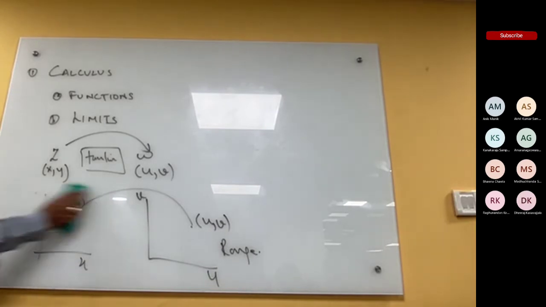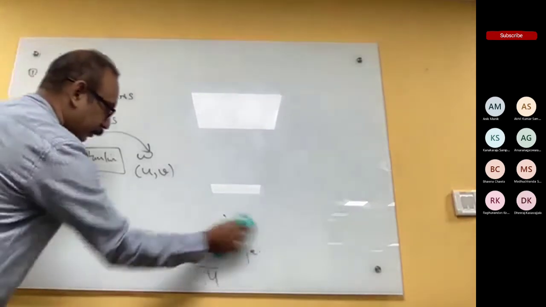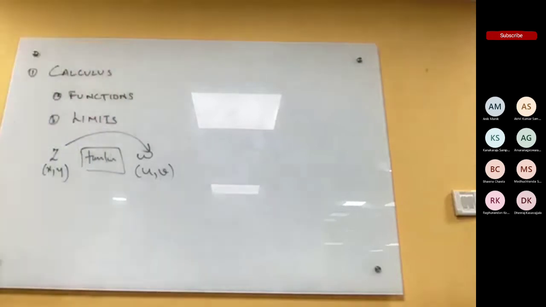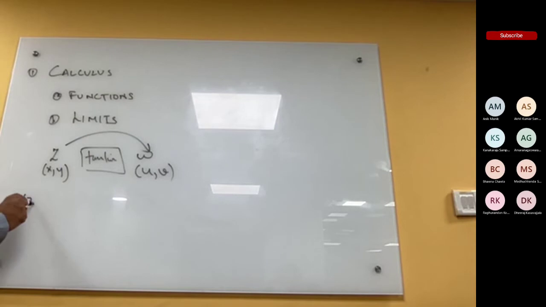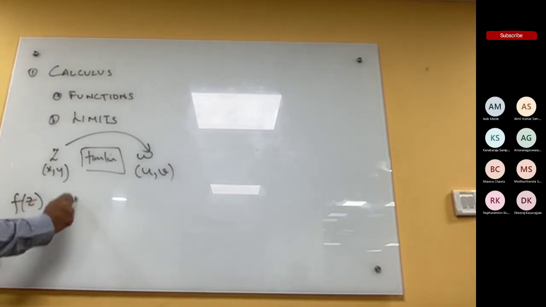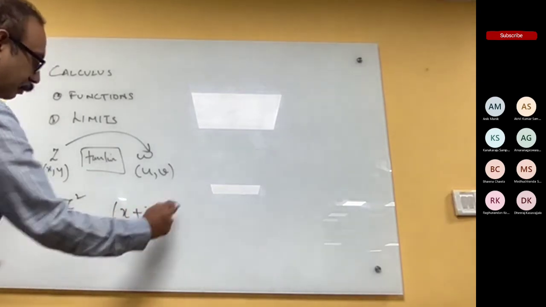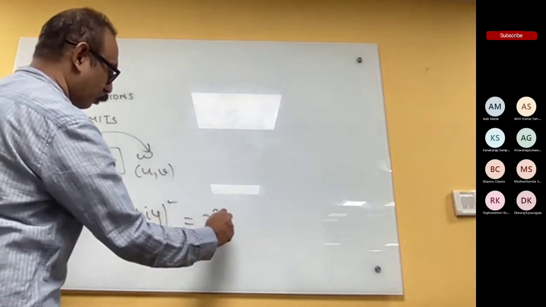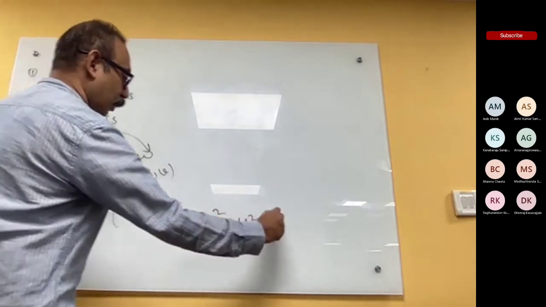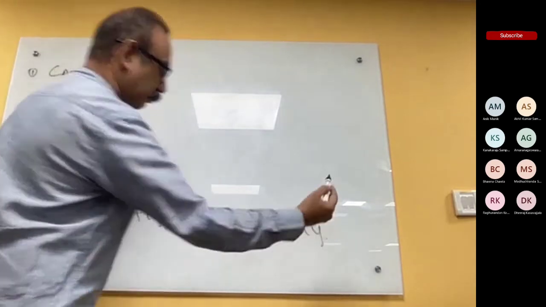Now if you take a simple example so that you are clear about what I'm saying. If I say f of z equals, let's say, z square, right? That's a function, right? So that is x plus iy squared, which is x square minus y square plus 2i xy.